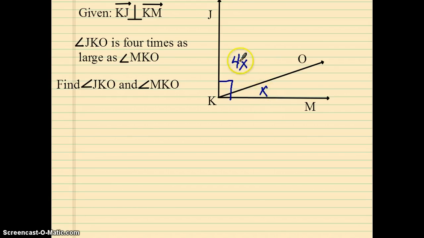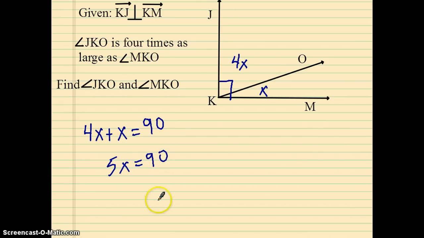Well, what do we know about those two angles? We know that the sum has to be 90 degrees because angle JKM is 90 degrees. So 4X plus X has to equal 90. So 5X equals 90. And what does X equal? Well, X is 90 divided by 5, which is 18.